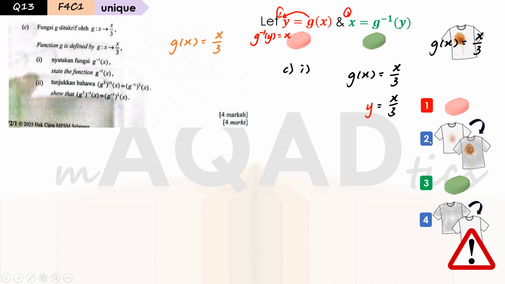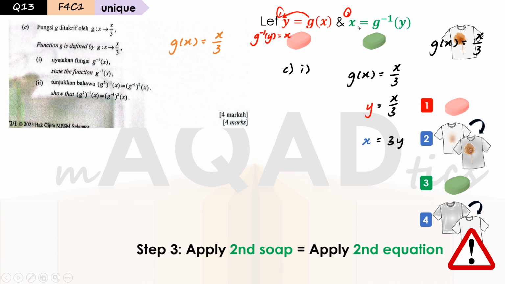And the second step is to flip the shirt. So what are we flipping here? We are going to flip the left side of the equation from y to x, meaning x is on the left side and everything else moves to the right side. So here it will be x equals 3y. Then the third step is to apply the second soap, so we apply our second equation, x equals g inverse of y.